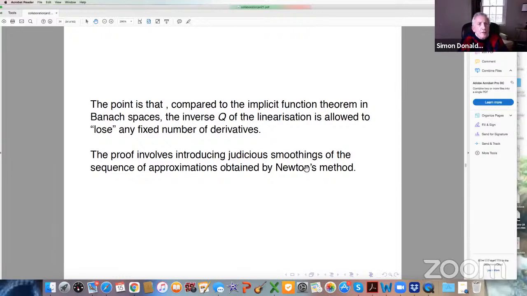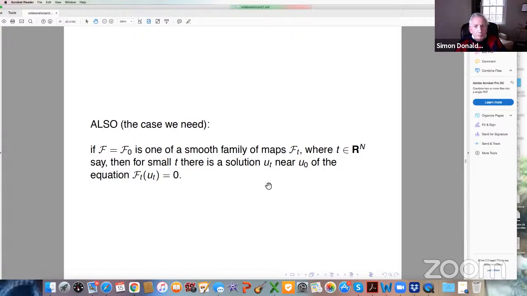So actually, to go backwards, what we need is slightly different. In fact, one could put it in the previous format if one wanted, but we'll think of it slightly differently.